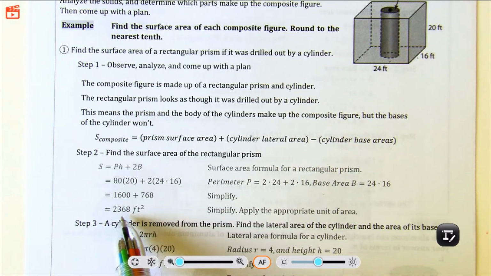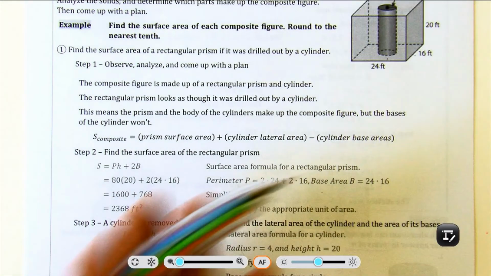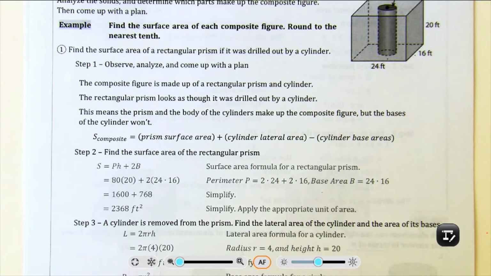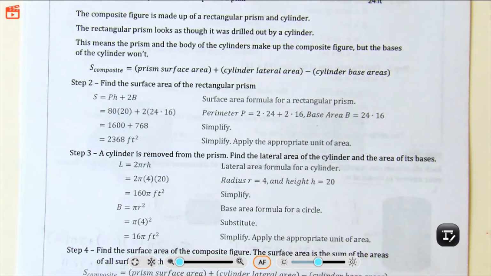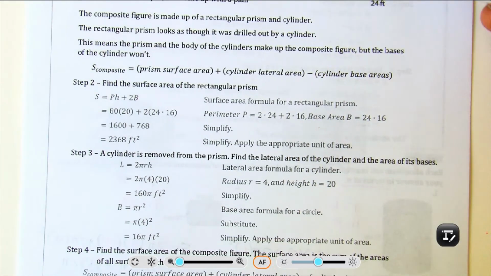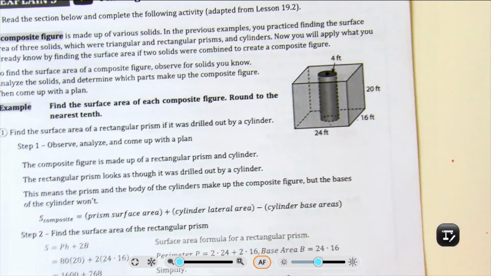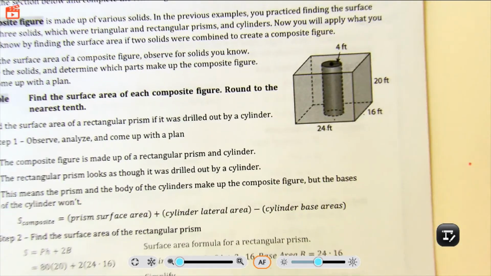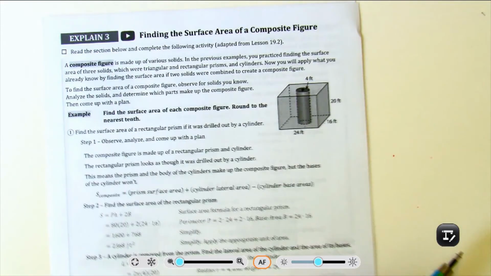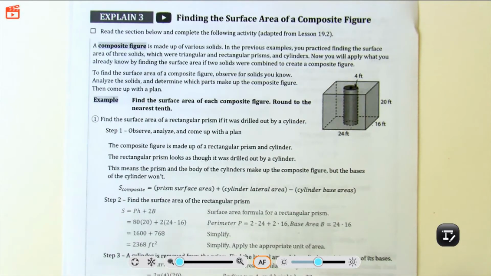The next part is finding the lateral area of the cylinder. This cylinder has a radius of 4 and a height of 20. Let me zoom out. And that is what they are using for this part.